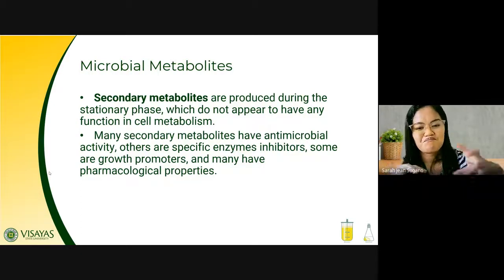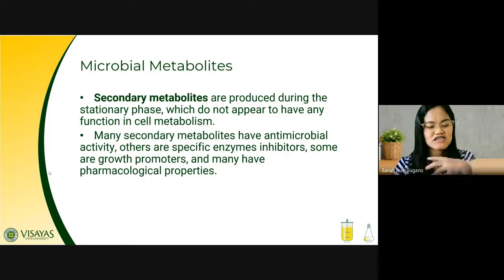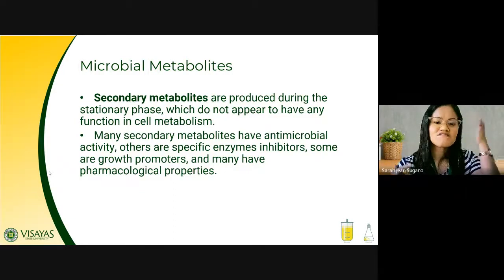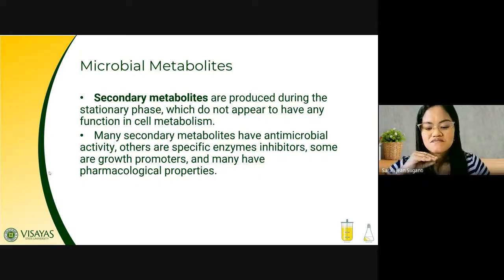That is paving the way to cell death, because the more microorganisms proliferate, the more the cells multiply, so there is inhibition or competition for the nutrients. When there are no nutrients, it will pave the way to cell death. So in the stationary phase, the cells are still alive and viable, but there are no available nutrients that can be used for proliferation.